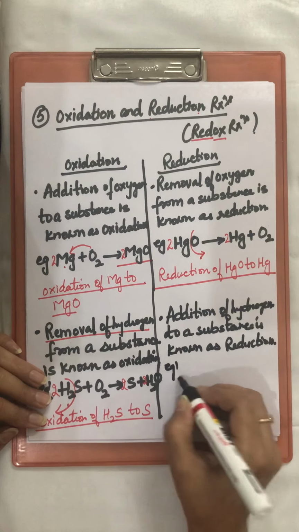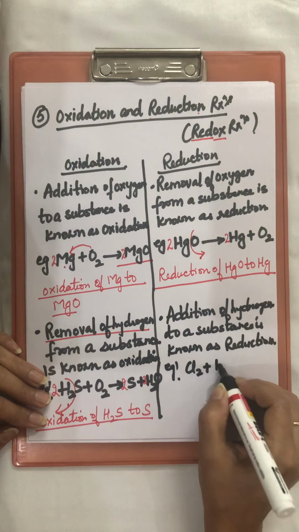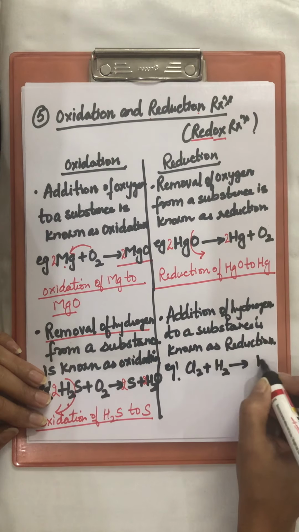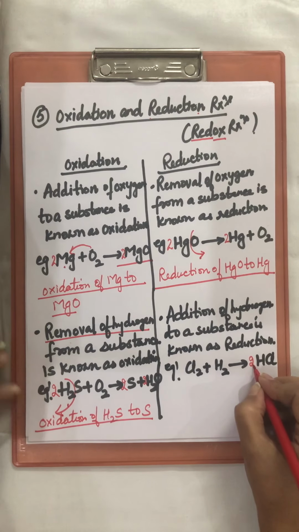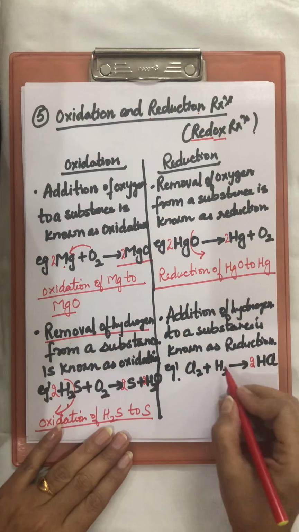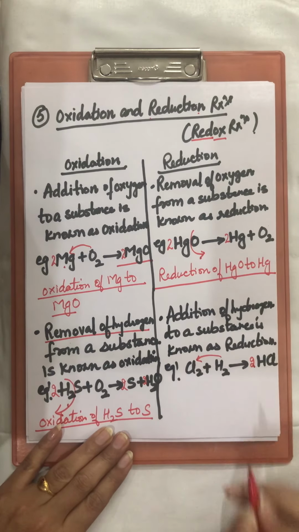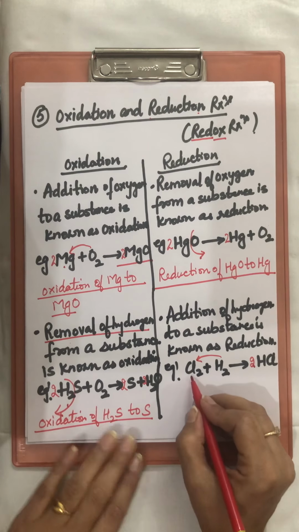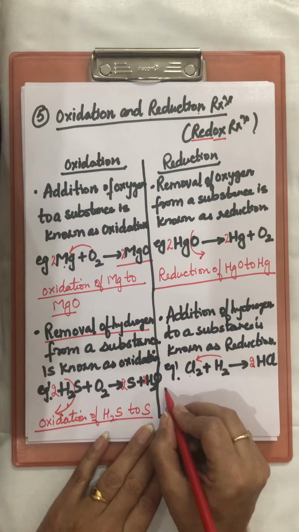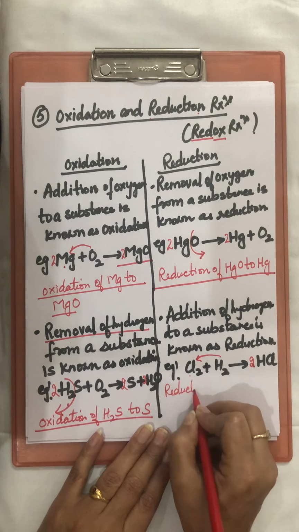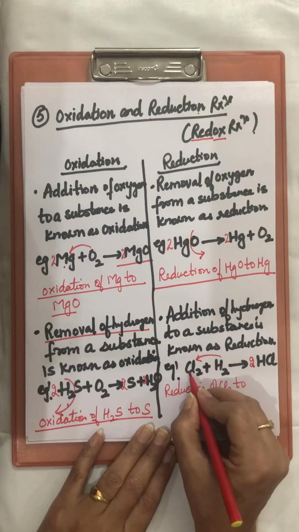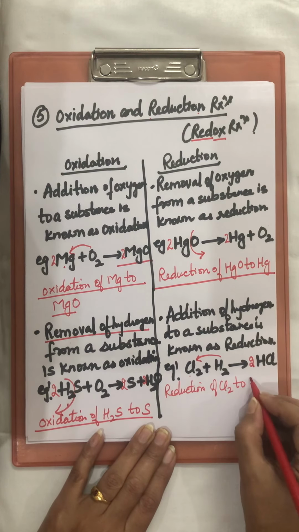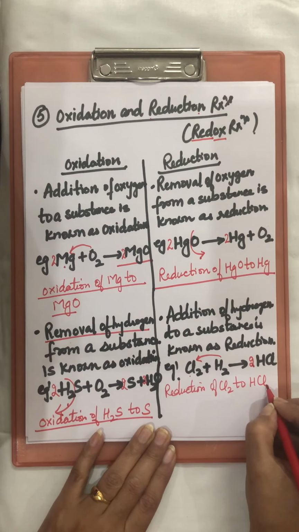Example, when chlorine reacts with hydrogen, there is formation of hydrochloric acid, HCl. So what is taking place here? Hydrogen adds up to chlorine. That means here chlorine is undergoing reduction. When hydrogen adds up to chlorine, it undergoes reduction and changes to HCl, hydrochloric acid.